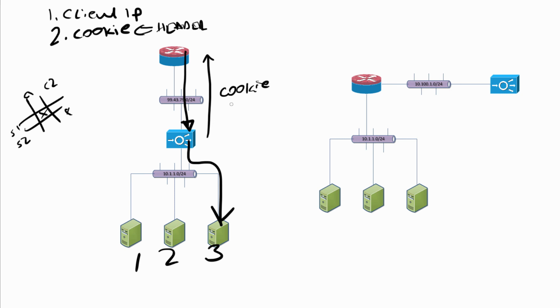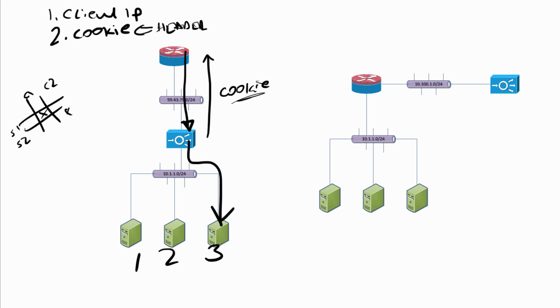That cookie is going to contain all the session information for that user. So when they come back to the site, and I see the same cookie with the session information, I know to send them back to server 3. Okay? I would say it's probably the most common.